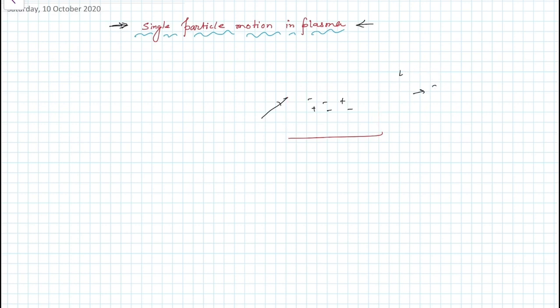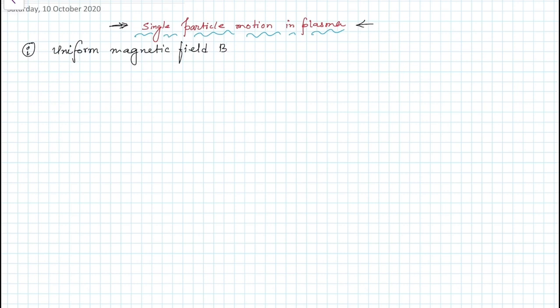So here you see, in the first case we will consider only a uniform magnetic field, B, and no external electric field is applied.